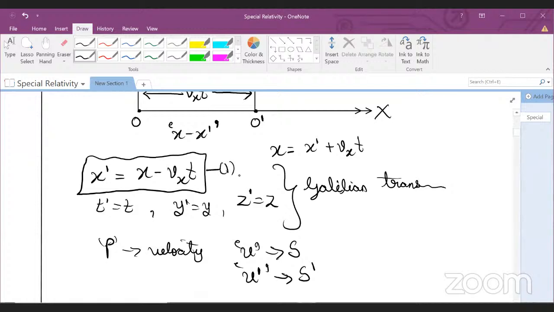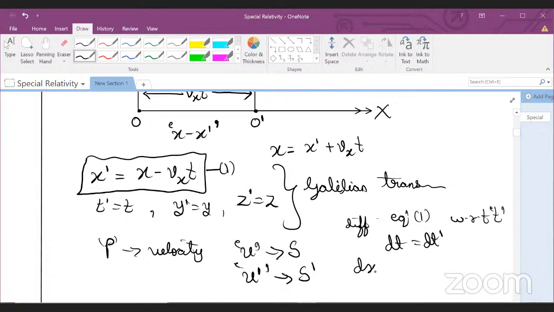I'll name it equation 1. Differentiate equation 1 with respect to t. Now see, t and t dash are equal, so dt equals dt dash.